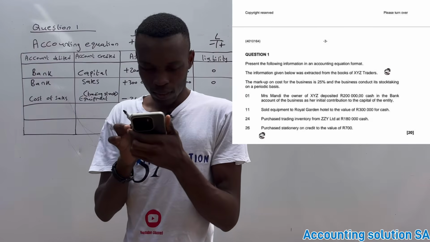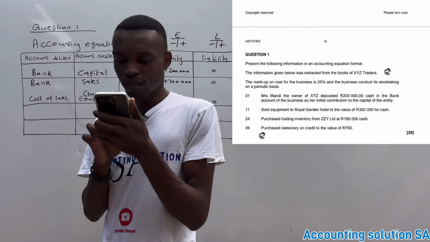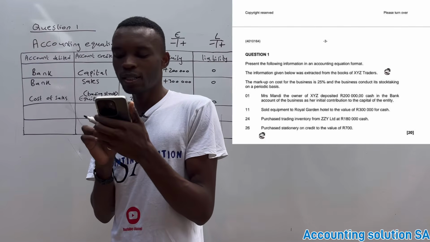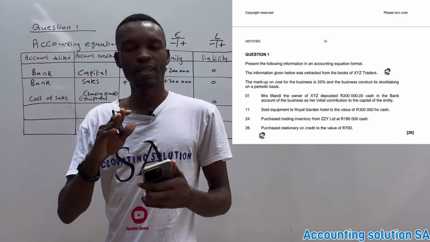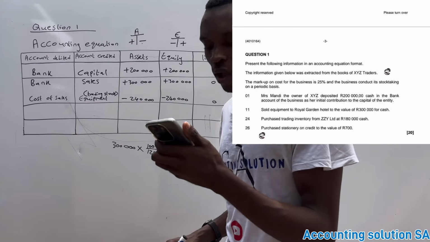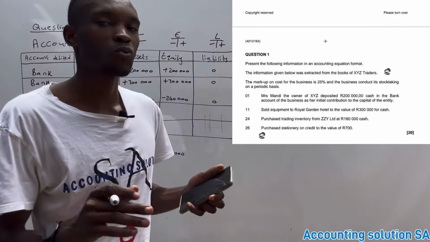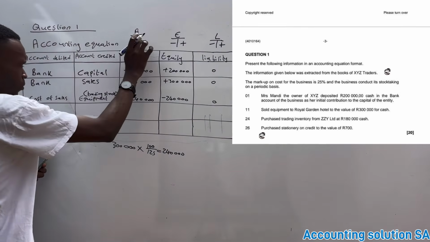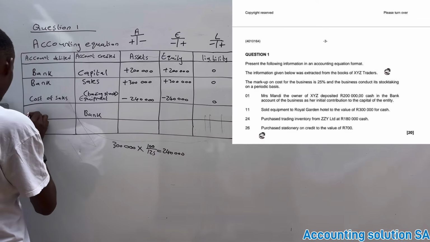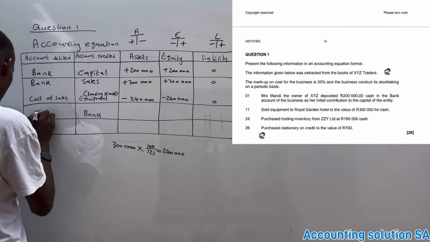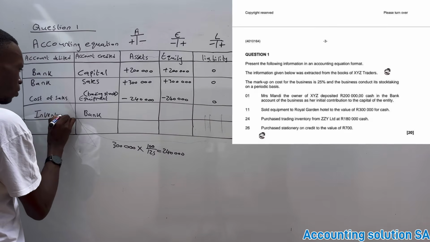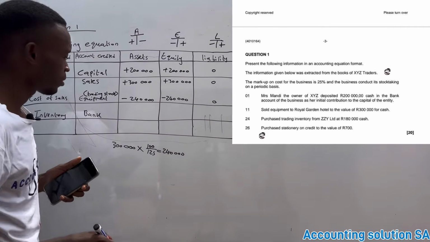Okay, then the following one, they said purchase trading inventory from ZZY Ltd at 180,000 cash. So in other words, now our bank is going to decrease because we purchased, which means that money goes out of the bank. And on this side we're going to have inventory, or trading stock, it's the same thing.